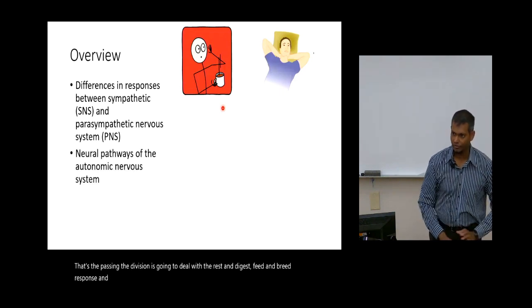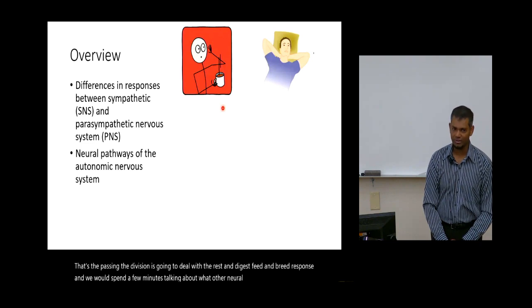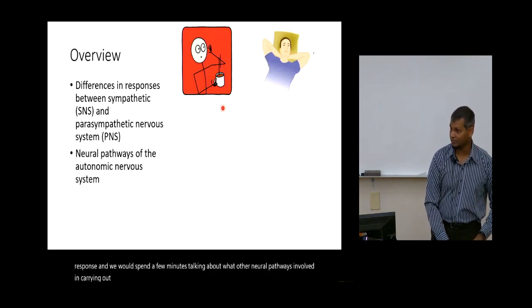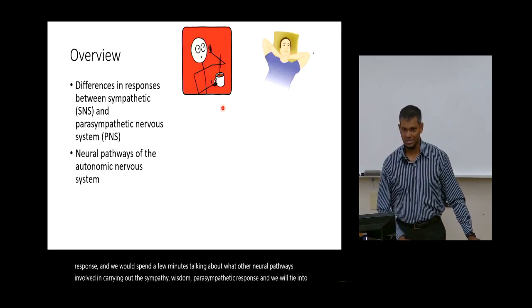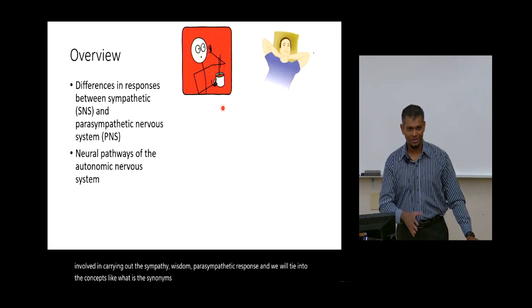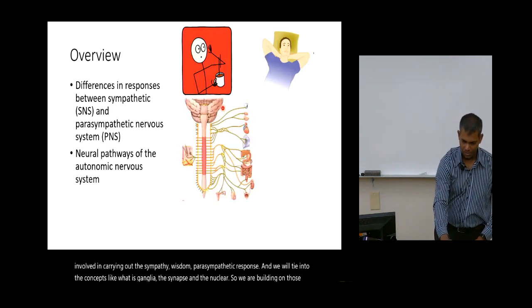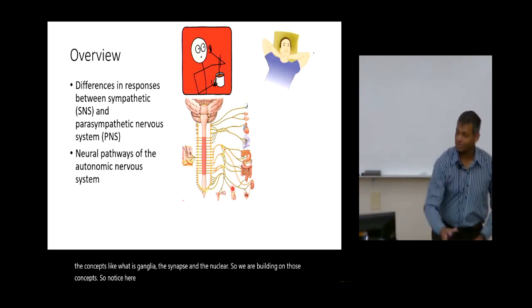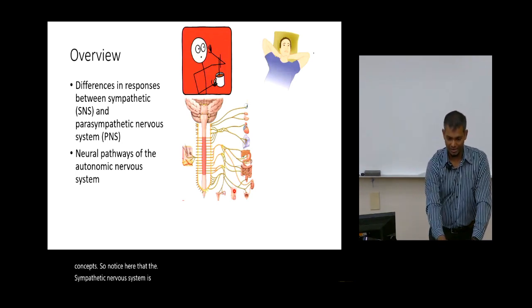And we will spend a few minutes talking about the neural pathways involved in carrying out the sympathetic versus the parasympathetic response. And we will tie into concepts like ganglia, the synapse, and nuclei. So we will be building on those concepts. Notice here that the sympathetic nervous system is shown in red.